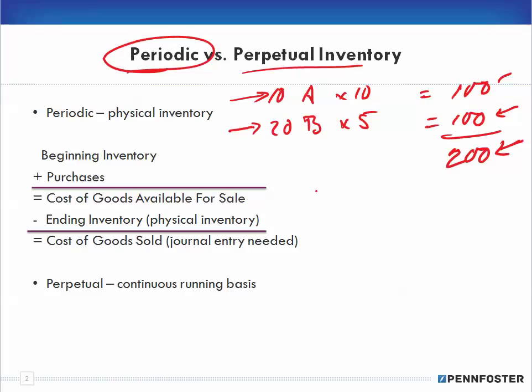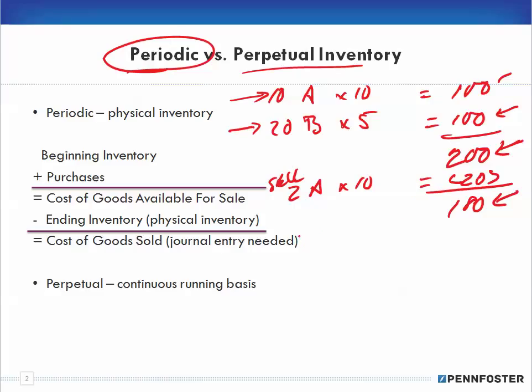Now let's say I sell 2 of A, and that's at $10, so that's $20. Since I'm selling them, my new inventory value is 180. So what I'm doing is keeping track every time something goes into inventory and something comes out.